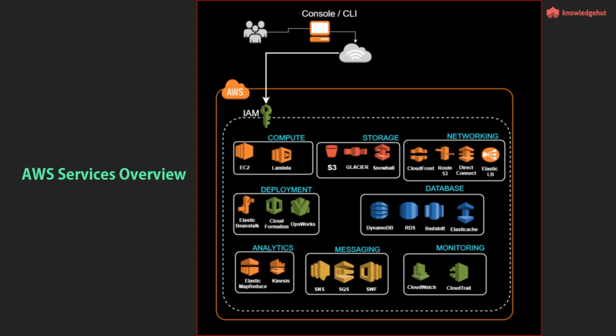AWS in itself is a very big API that you are accessing using the internet. And because you are accessing it, we are talking about key management systems as well. We are talking about IAM, the identity and access management: who can access, how you can create users, how you can create roles, and a number of things.